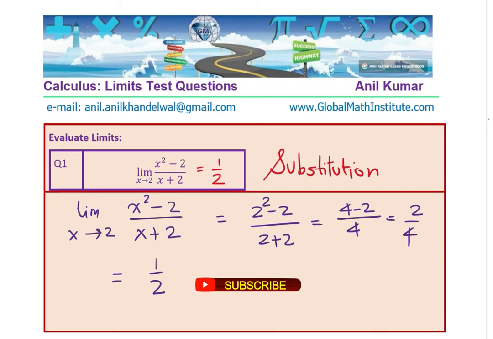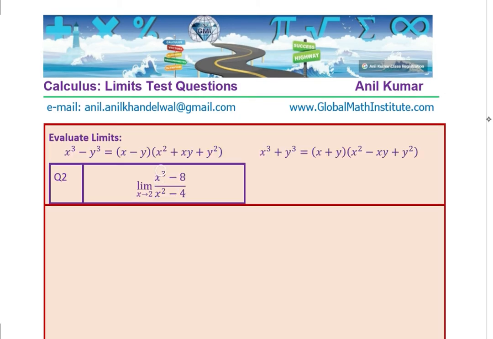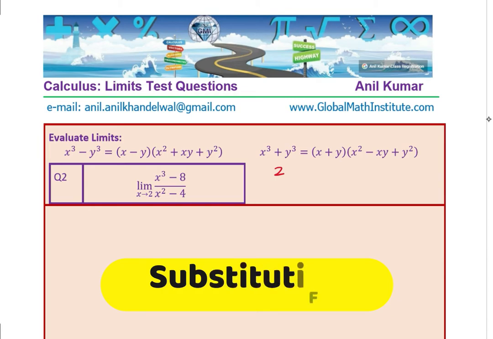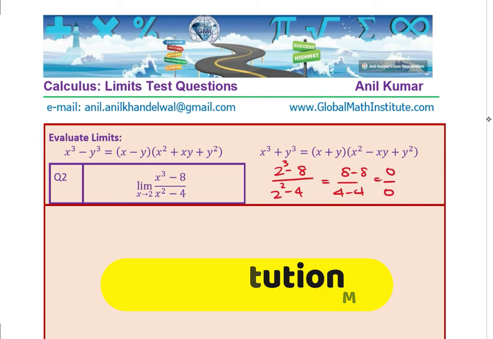Now let's take up the second question, which is x cubed minus 8 over x squared minus 4, and x approaches 2. Now in this case, if I substitute 2 for x, I get 2 cubed minus 8 over 2 squared minus 4. Now that is 8 minus 8 over 4 minus 4, and that is a form which is 0 over 0.